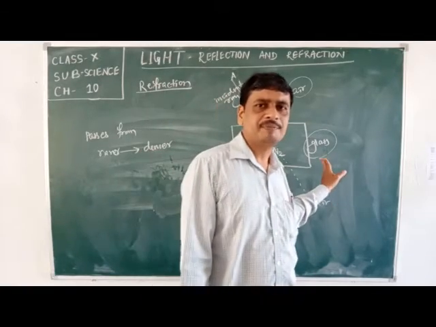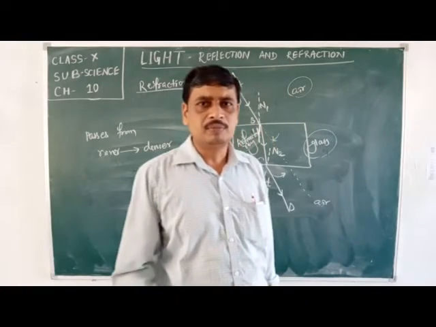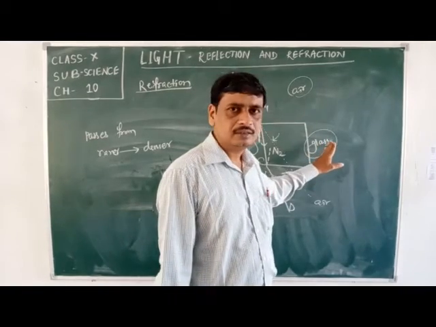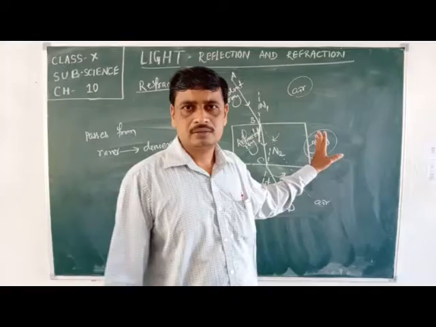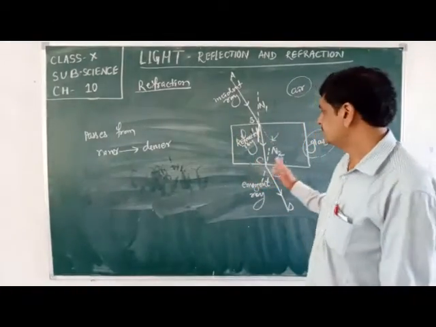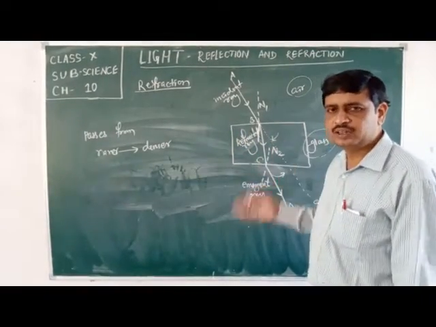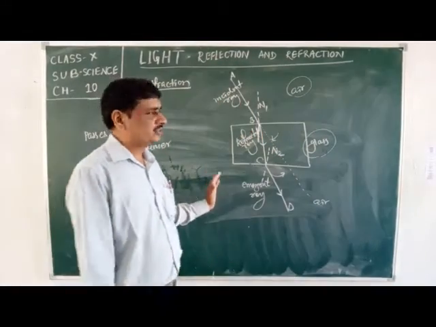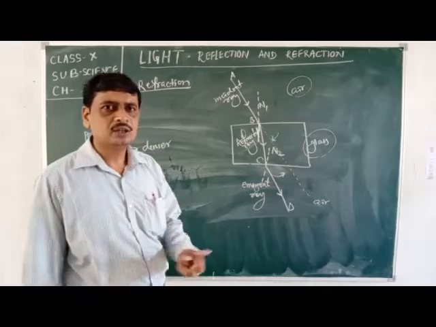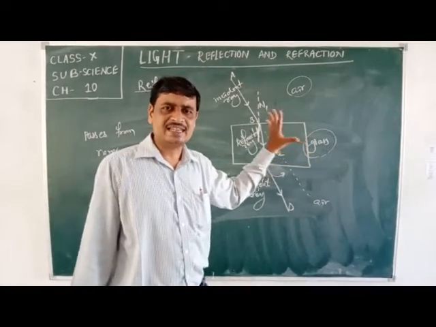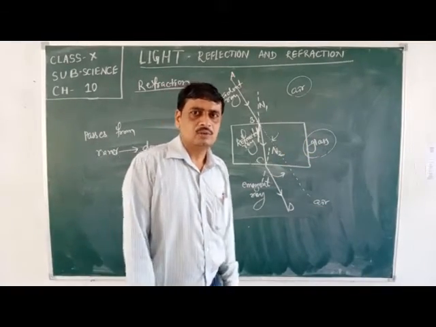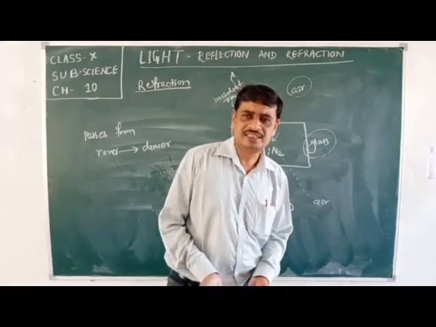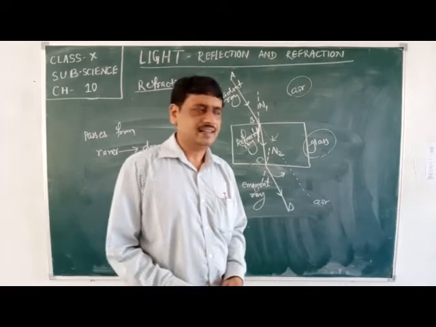If we compare with other materials, like diamond, then this glass will be rarer and diamond will be more dense. In this way, we only compare the medium which is considered there. We compare only those two medium, out of them which is denser and which is rarer.